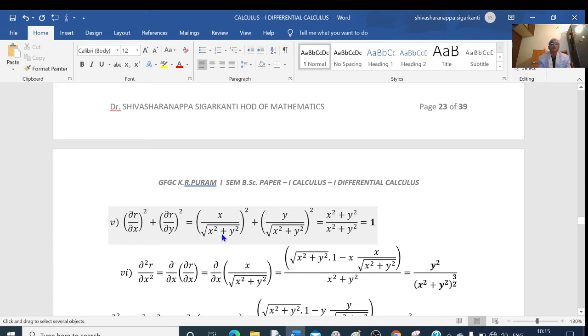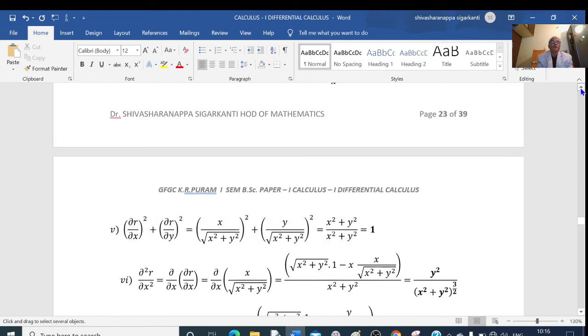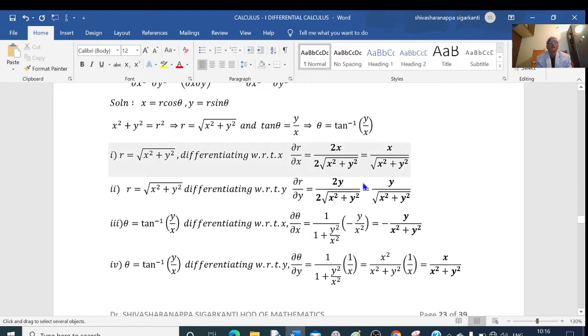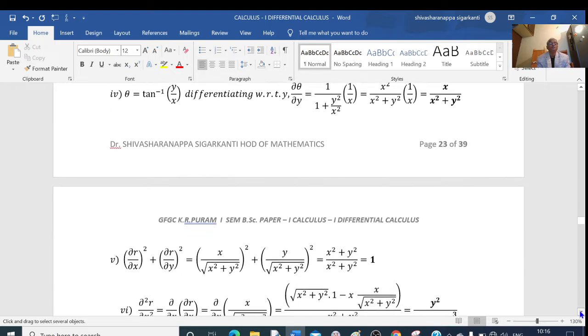This is equal to x² by (x² + y²) plus y² by (x² + y²). Taking x² + y² as LCM, we are getting x² + y². So this is equal to 1. Here we have ∂r/∂x is x by root of x² + y² and ∂r/∂y is y by root of x² + y². Just squaring and adding, we get its value is equal to 1.